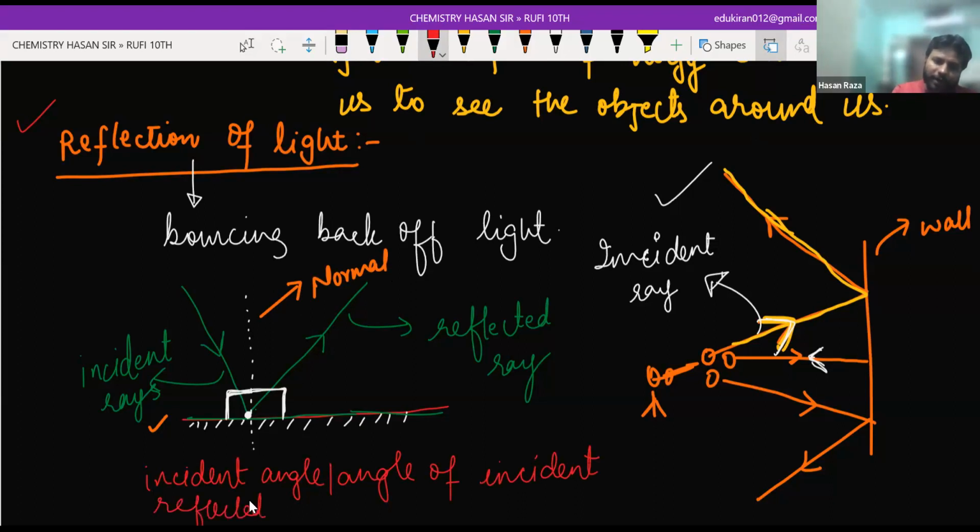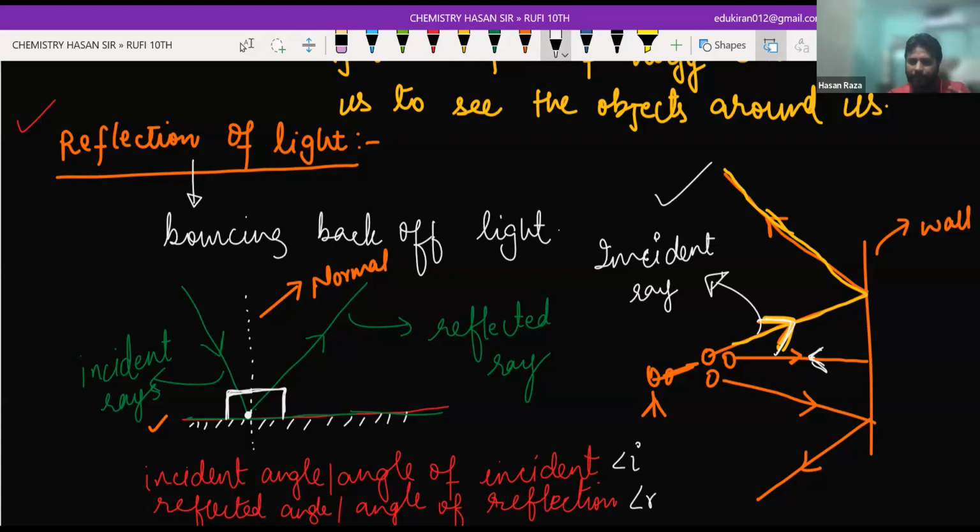We can call it reflected angle or angle of reflection. So this is your angle i that we denote for the incident angle, and this is your angle r that we use as the symbol for the angle of reflection.